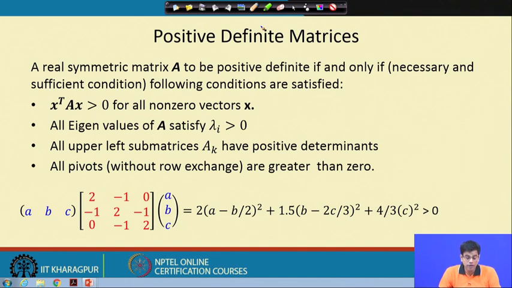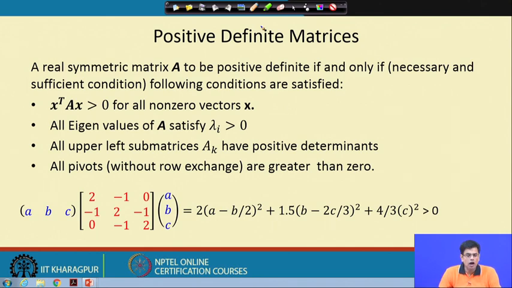All eigenvalues of A must be greater than 0. That means, if lambda i's are the eigenvalues, then all lambda i's should be greater than 0. Then all upper left submatrices A k have positive determinants.